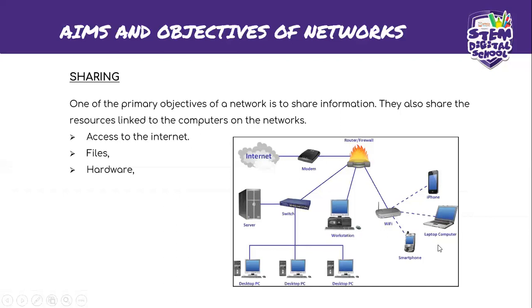This is a network because they are sharing a device. These 3 devices are sharing this router, which gives them access to the internet. So can you see the primary objective of a network?